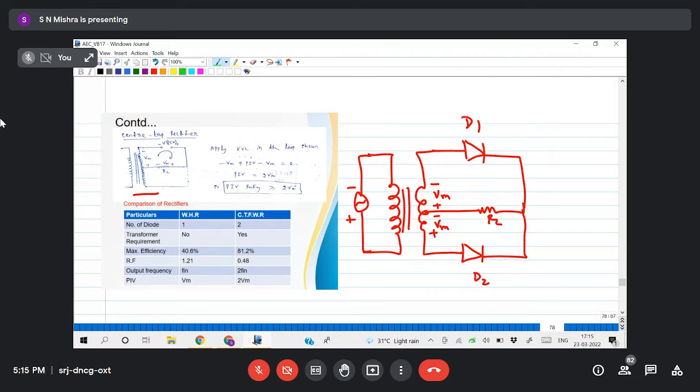D2 on, D1 off. D1 off means it will be an open circuit, and this one is a short circuit.